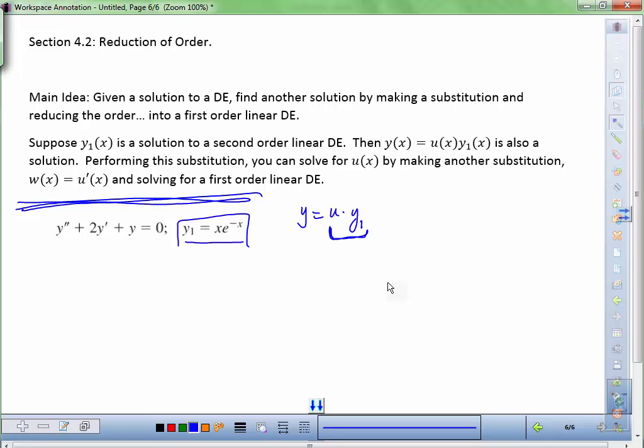All right, let's see what we can do. This is supposed to be a solution, so it should work. Let's try to find y prime of x. This would be a product rule, I think, right? Derivative of the first times the second plus the first times the derivative of the second. And then take the second derivative, which is another big product.